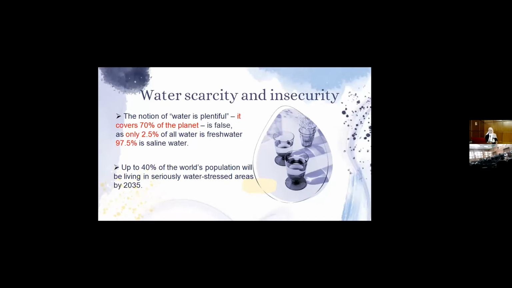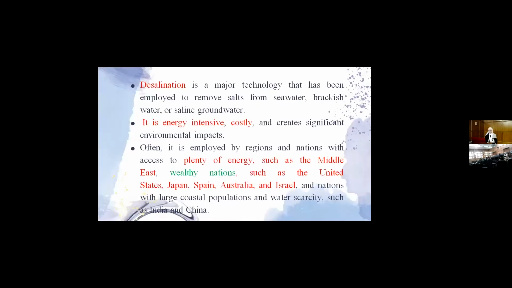The notion that water is plentiful, since it covers 70% of the planet, is false, as only 2.5% of all water is fresh water and 97.5% is saline water. Up to 40% of the world's population will be living in seriously water-stressed areas by 2035.